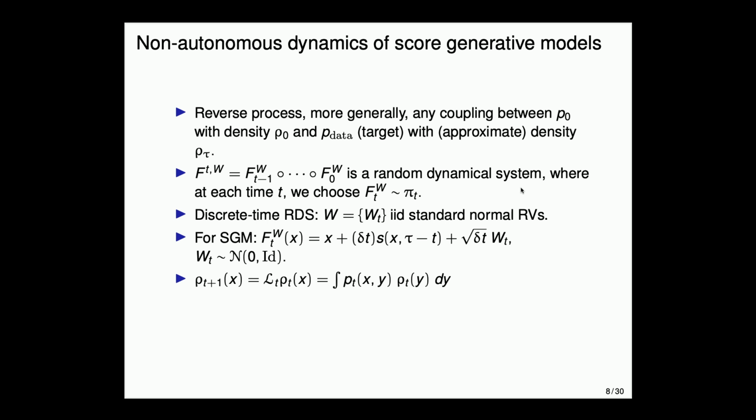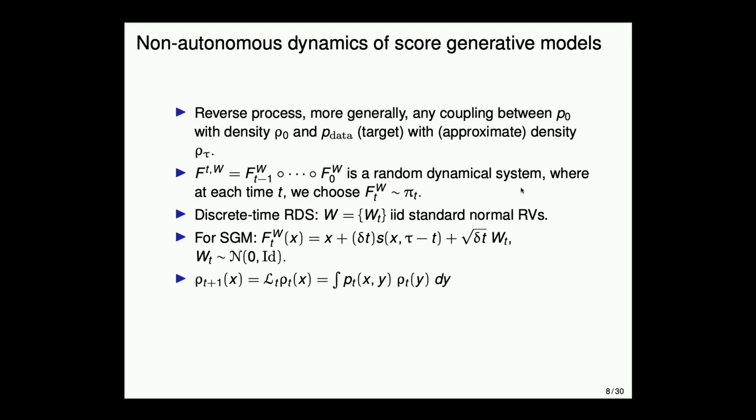Of course, corresponding to this dynamical system, we have a corresponding flow of the probability densities. There is an operator which I will denote as L_t. This is also time dependent because at each time the vector field is changing, and you can think of it as an integral of a conditional probability, the density associated with the transition probability kernel.